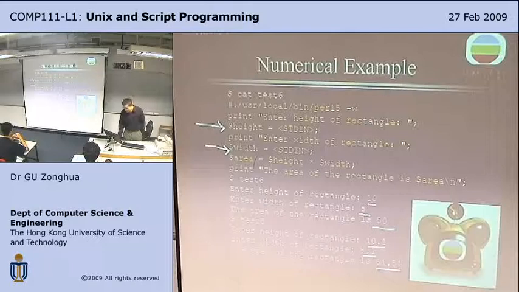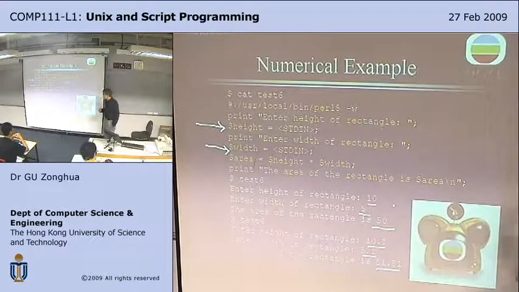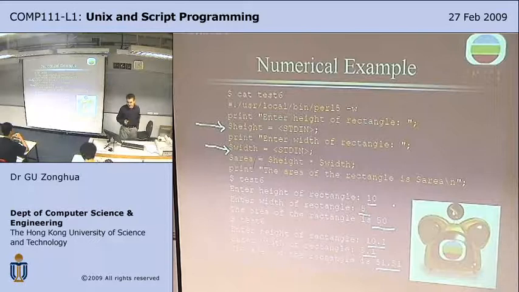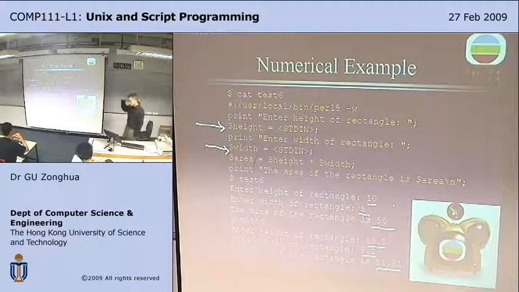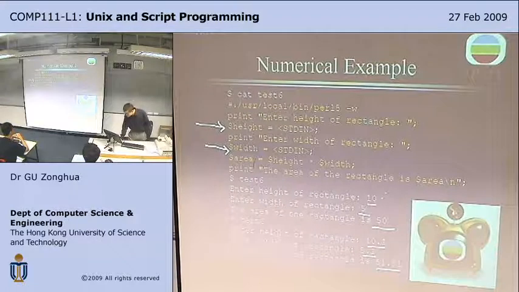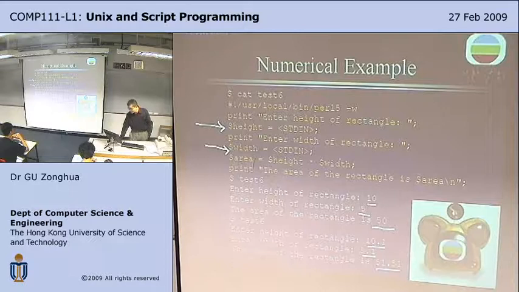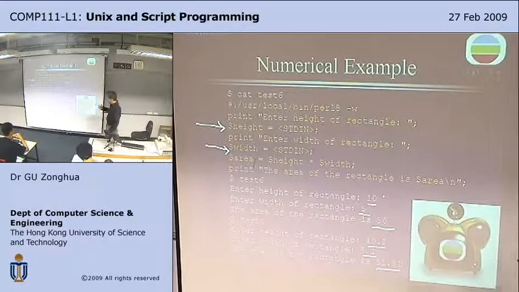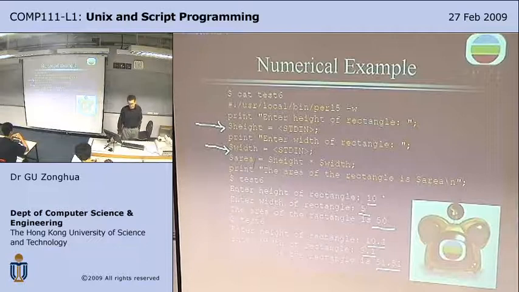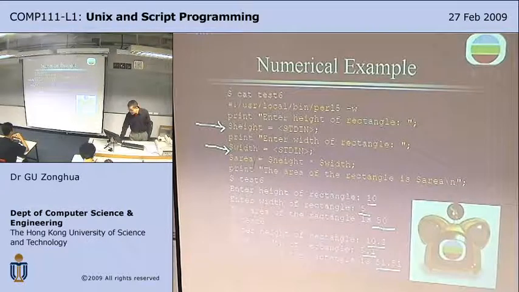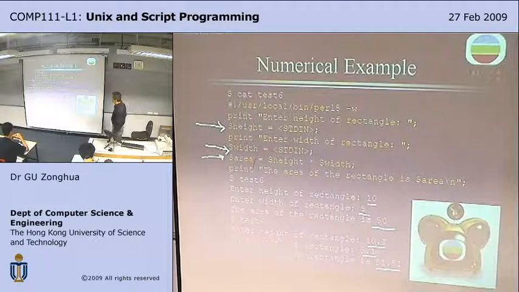It means that the backslash n, the new line at the end of the number, doesn't really matter when you do arithmetic. But of course, if you enter, say, for height of the rectangle, Bill Gates, then it'll assign Bill Gates to height. Then everything will be fine until this line. When you do arithmetic, it'll detect, okay, it's not a number.